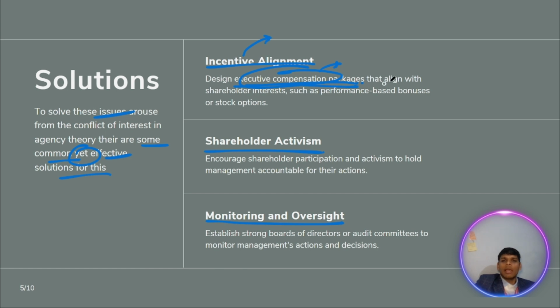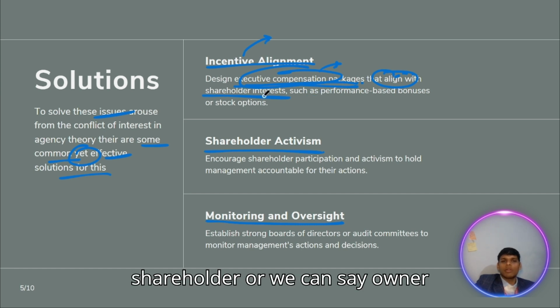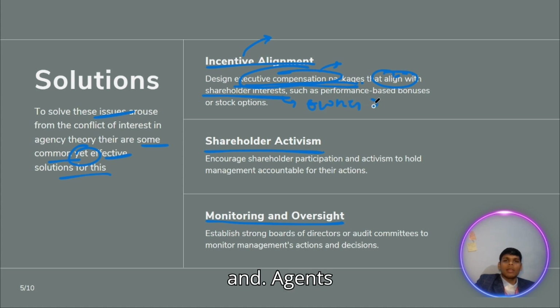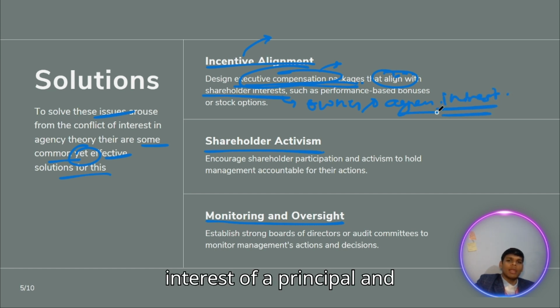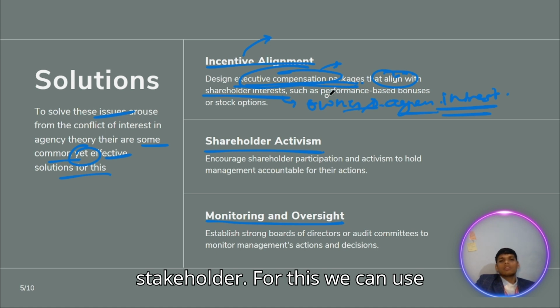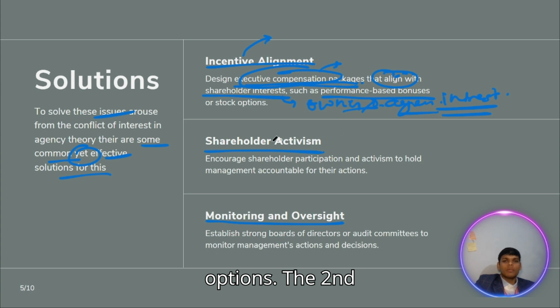So we can align the interests of the principals, the shareholders or owners, and the agents. For this, we can use performance-based bonuses or other options.